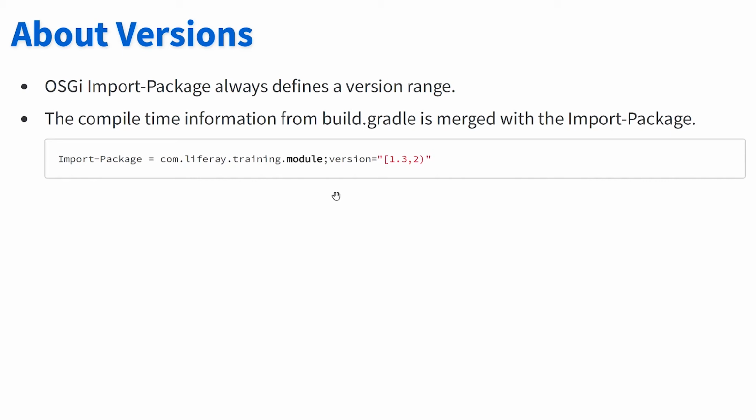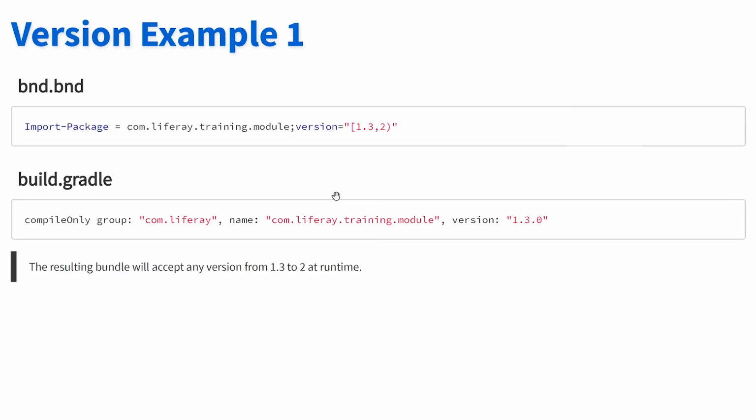So here within the versioning, we can define what range we might need. One example here is we're trying to import a package in which the version includes 1.3 but goes all the way up to but excludes version 2. So that way here in the build.gradle, right, we would bring in that version 1.3.0 to appease the one that's within the bnd.bnd.